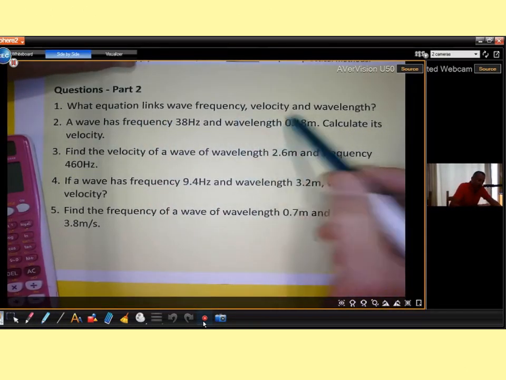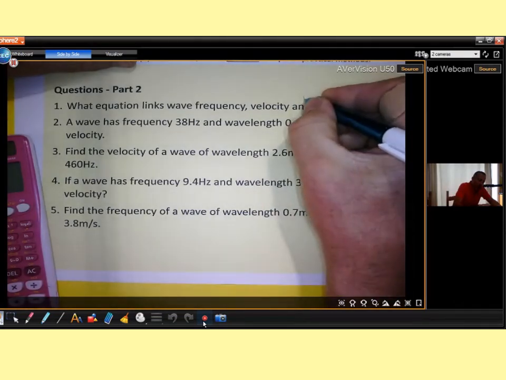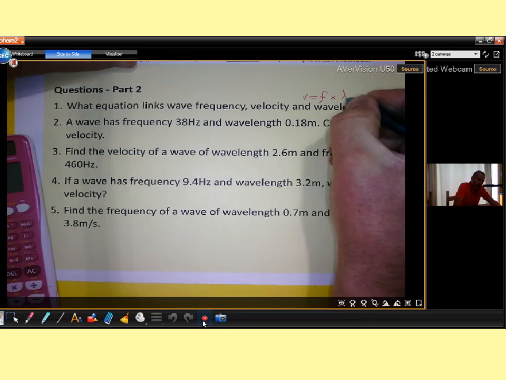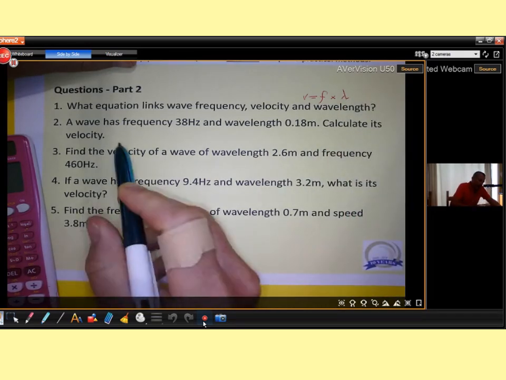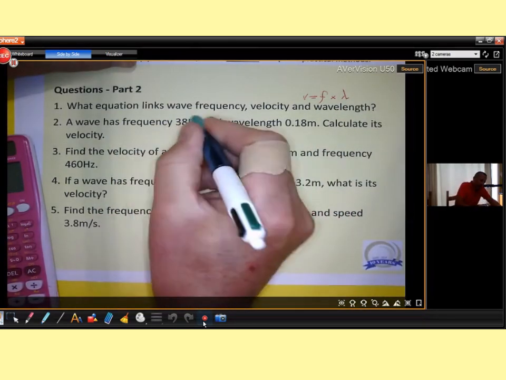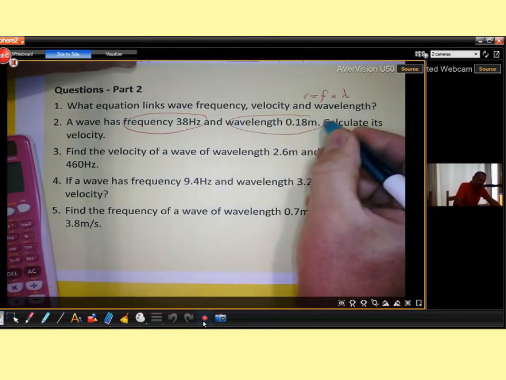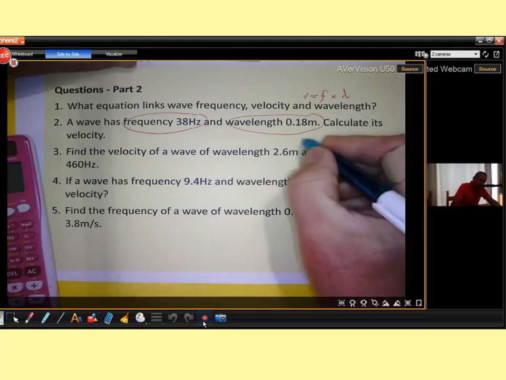This links frequency, velocity, and wavelength. So velocity equals frequency times wavelength. So waves of 38 hertz, wavelength 0.18 meters, calculate velocity.